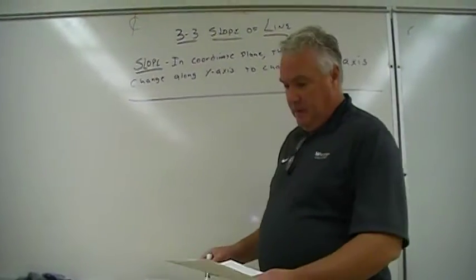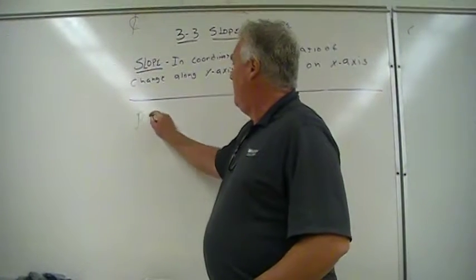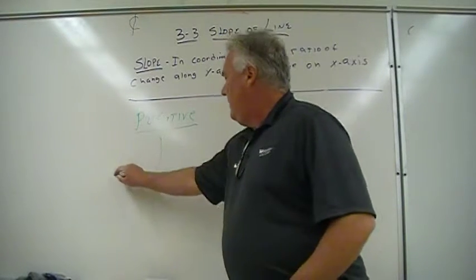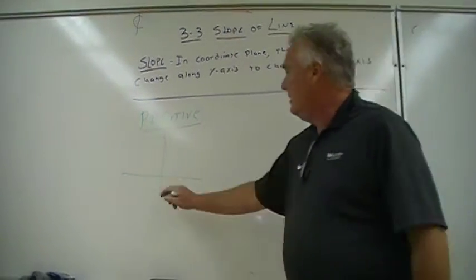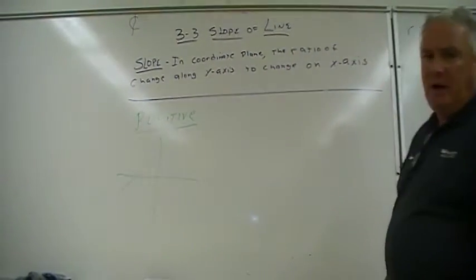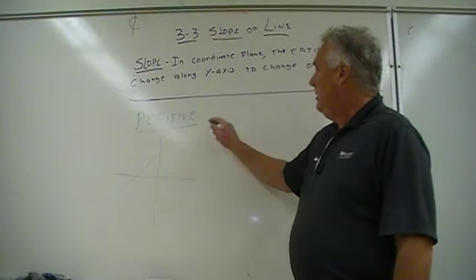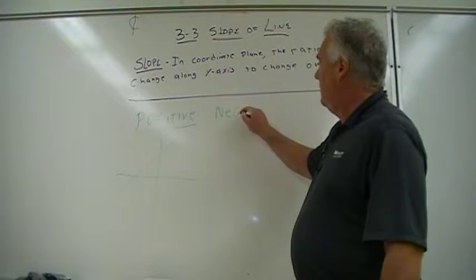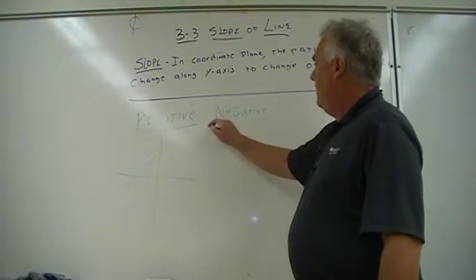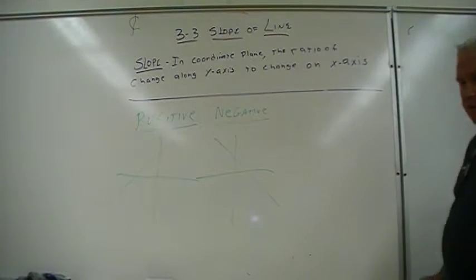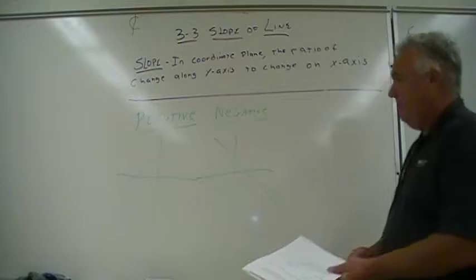Types of slope. For a positive slope, here's our axis, and it's going to have an uphill rise. Our negative slopes will have a downhill. They go downhill.